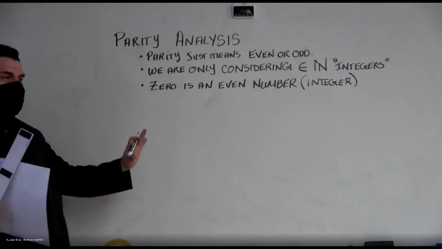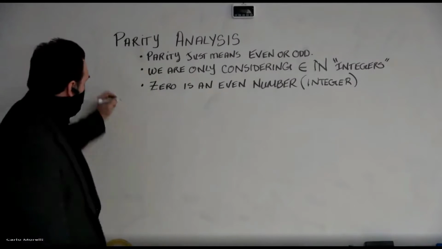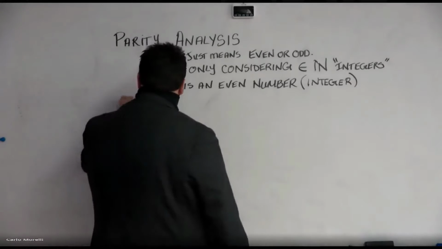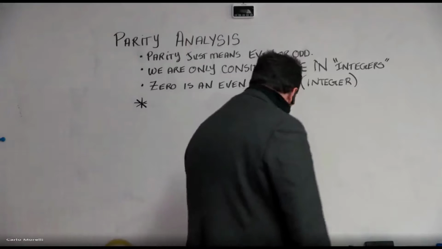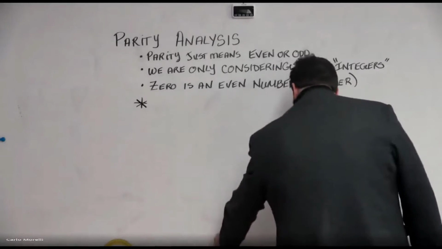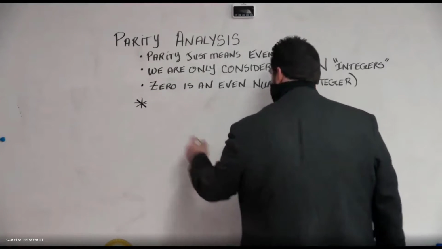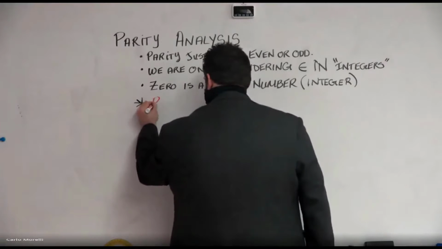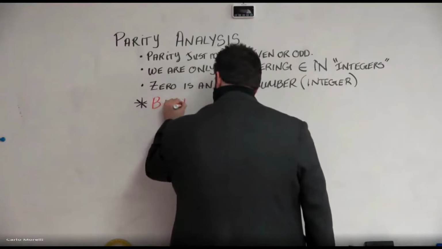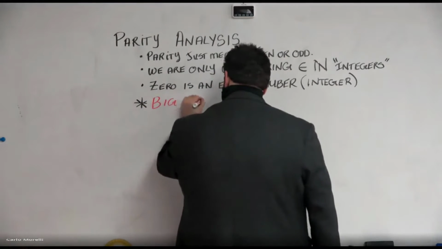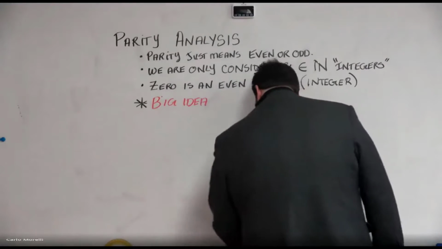So what is the basic idea today? What are we trying to figure out? Here's the basic idea. Put an asterisk here, because this is kind of the important point. Here's the basic idea, ladies and gentlemen. I'm going to call it the big idea. Here's the big idea.